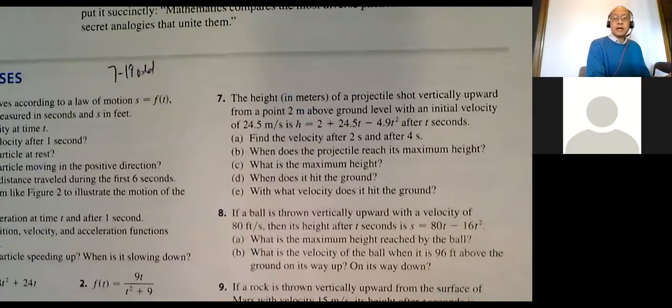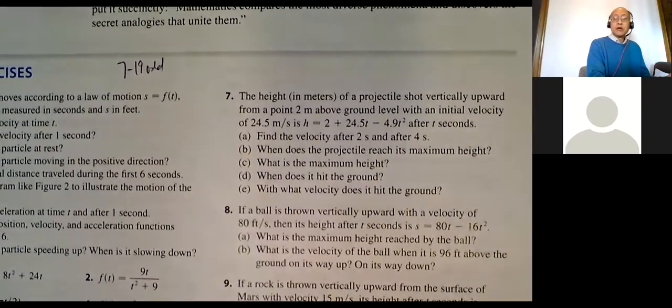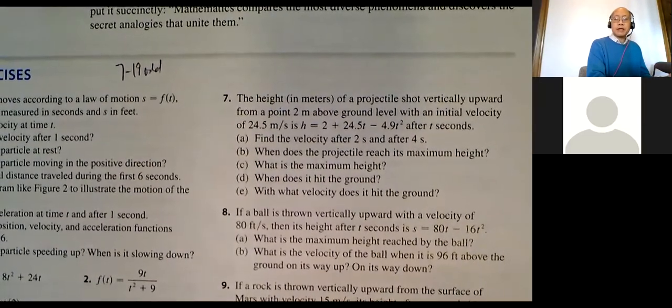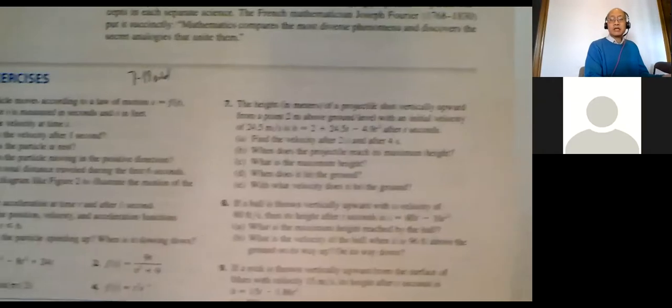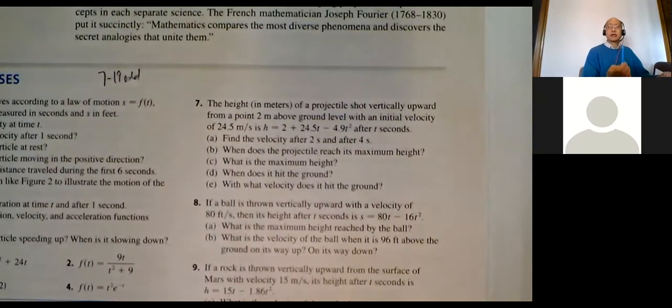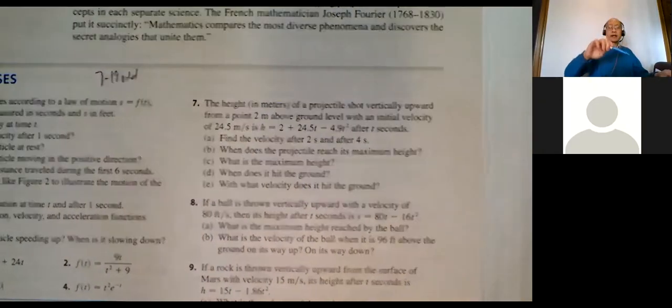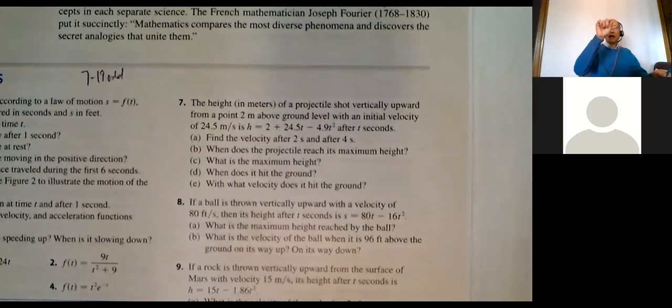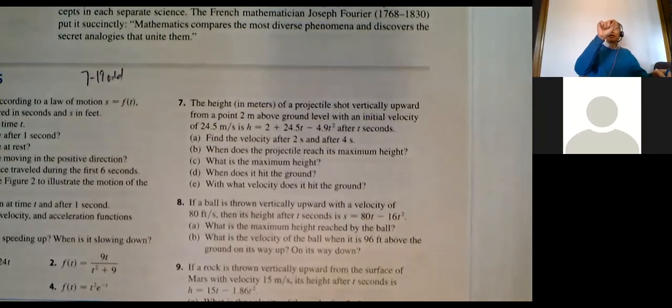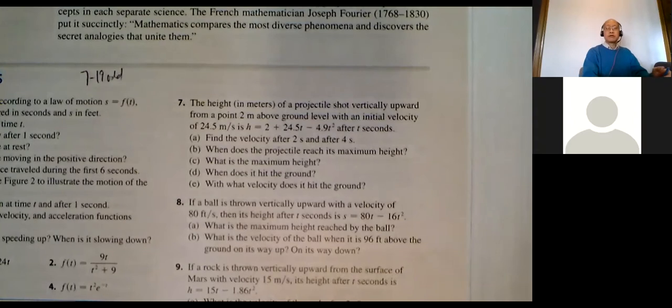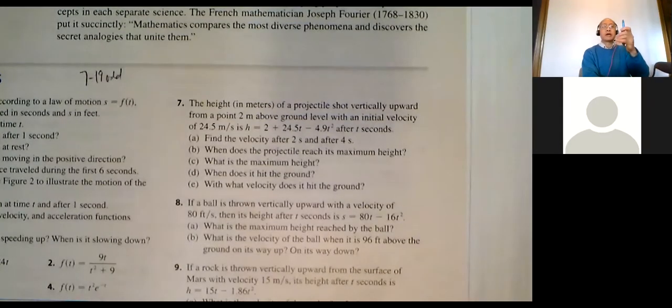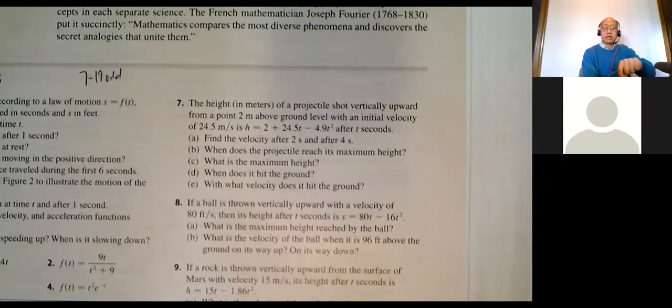In order to do B, when does a projectile reach its maximum height? If you think of an object that goes up and then comes back down, at the maximum height, the velocity is 0, right? It stops ever so slightly. It's going up, positive velocity, stops at that highest point, and then starts to come back down.